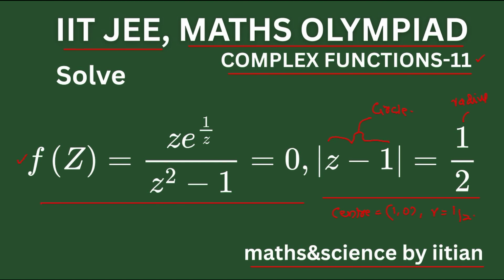Let's go further. Here we have to solve for z where function f(z) is equal to 0 within the given region. What is the region given? Modulus of z minus 1 is equal to half, which implies the center of the circle. z minus 1 denotes the circle because it's a plane.